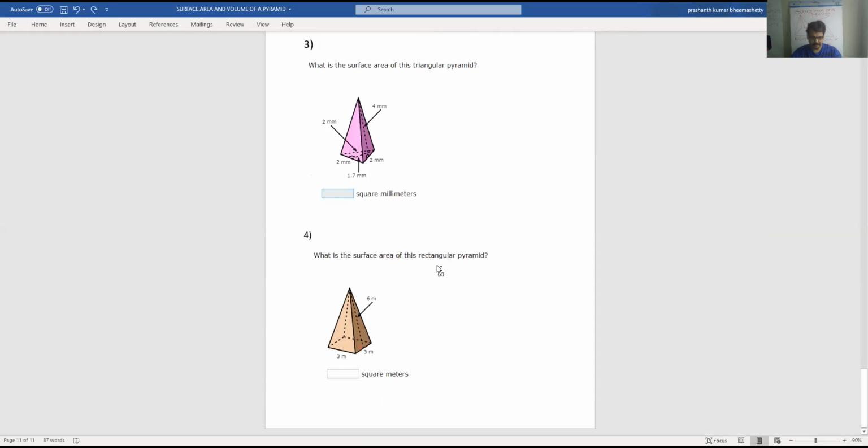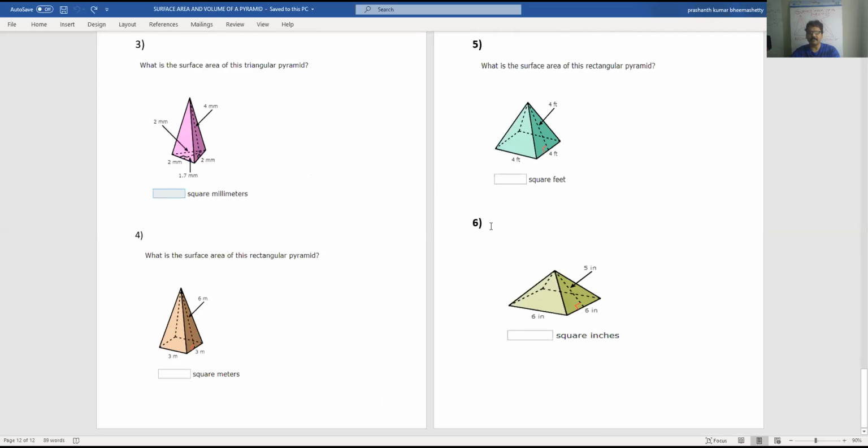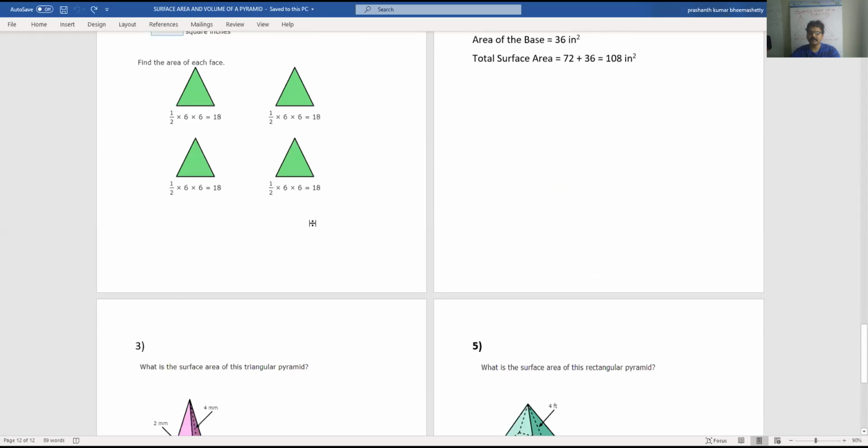It's a rectangular pyramid. So total, I gave you 4 questions. You see, these 3 are rectangular pyramids, right? It is worked exactly like the second example. And the third question is exactly worked like the first one.